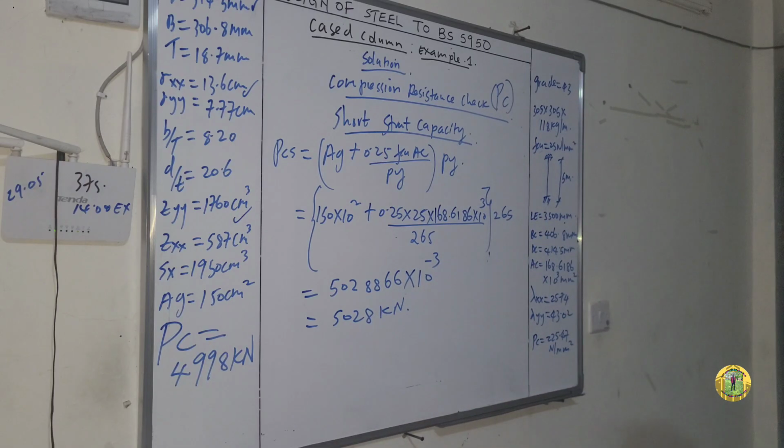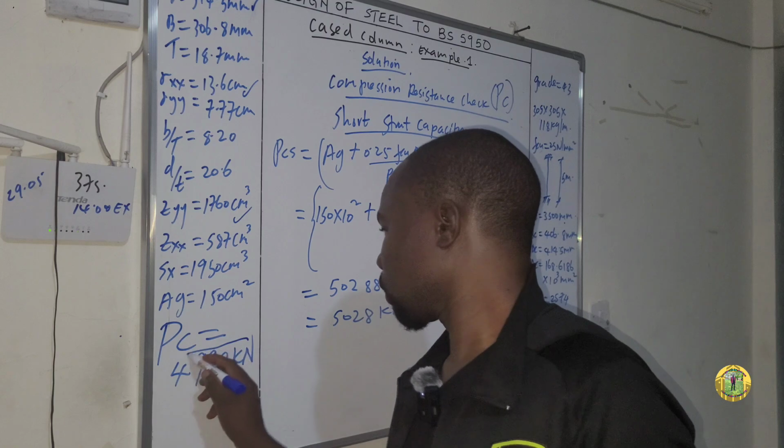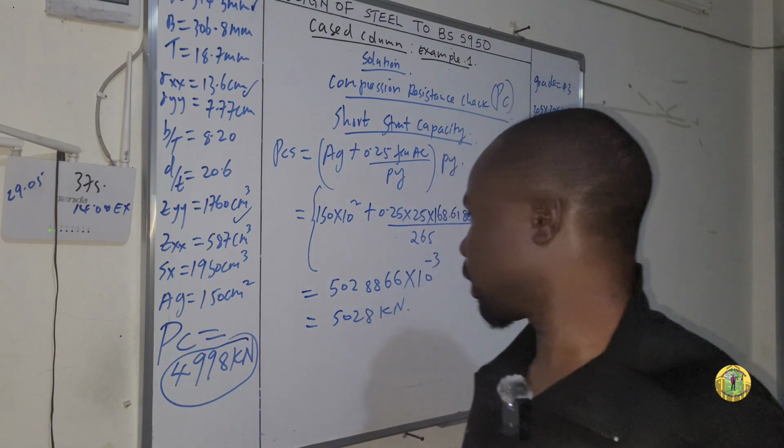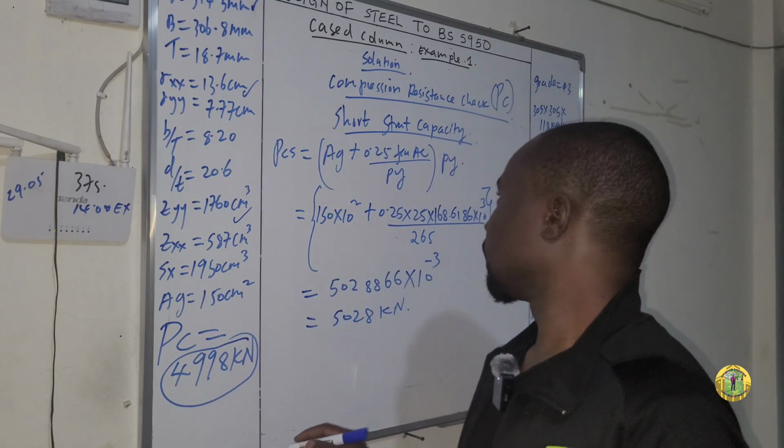So the question, you are told in the question to determine the compression resistance of grade 43. So the compression resistance is this one. This is the compression resistance, and it must be less than PCS.